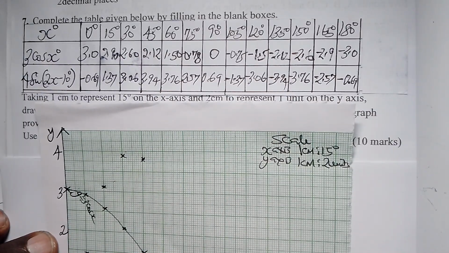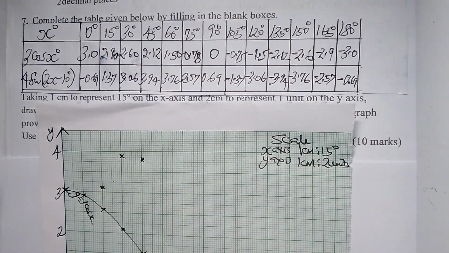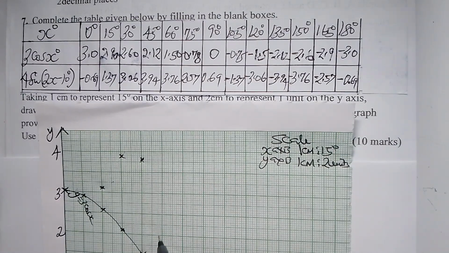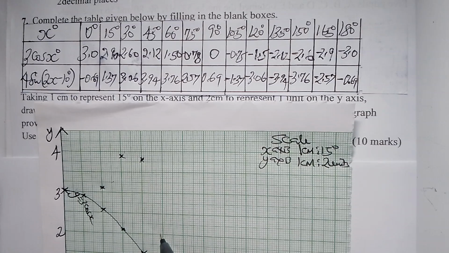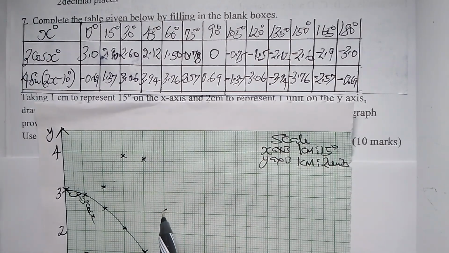And then when x is 75, we are going to have it at 2.6. 2.6 is 1 small square above 2.5. Put a mark there.